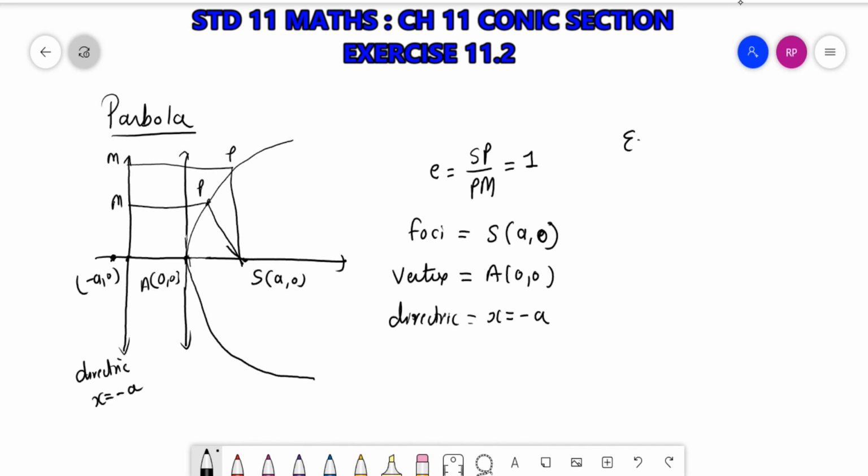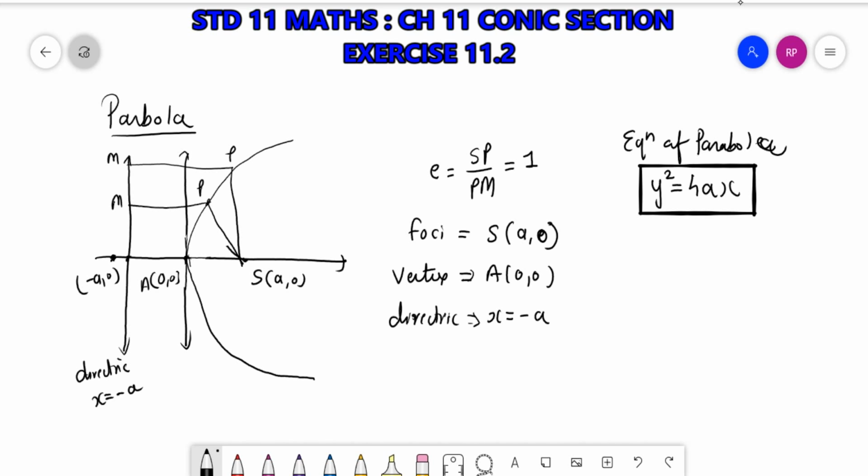And the equation of parabola will be y square is equal to 4ax. So if this is the equation of parabola, then the focus will be (a, 0), vertex (0, 0), directrix x equal to minus a. Clear?